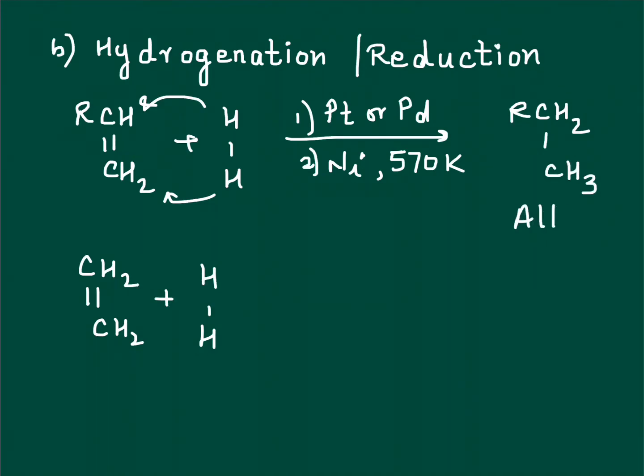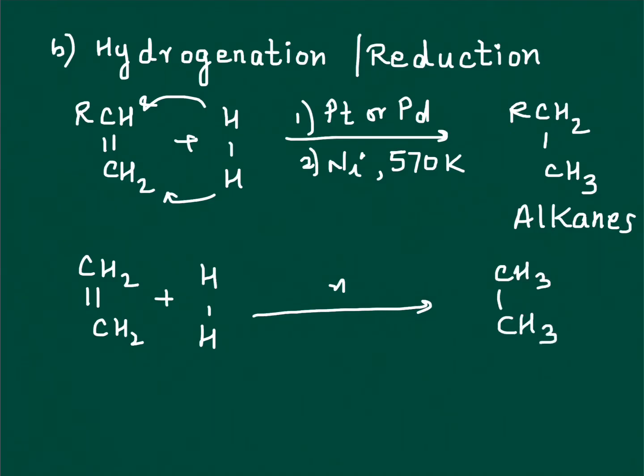What do they form? Very good, they give us alkanes, correct? Can you tell me the product here? Please write the reaction conditions. The product over here would be ethane, CH3 single bond CH3. You can also write it as C2H6, there is nothing wrong with it.